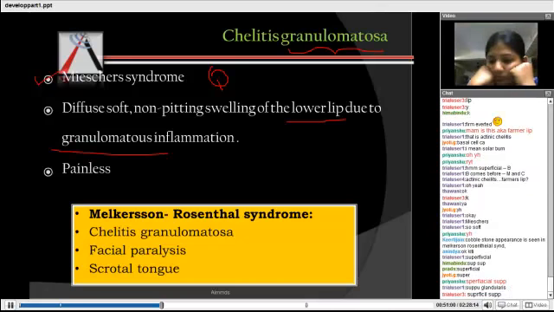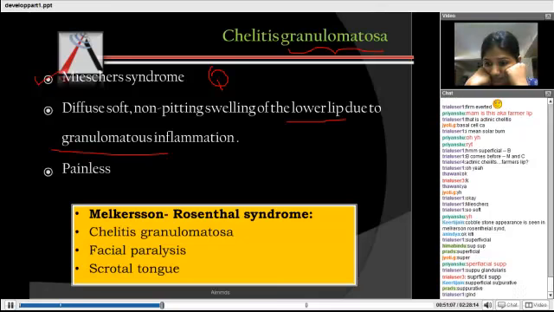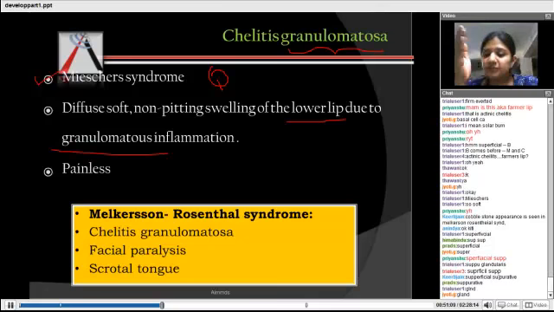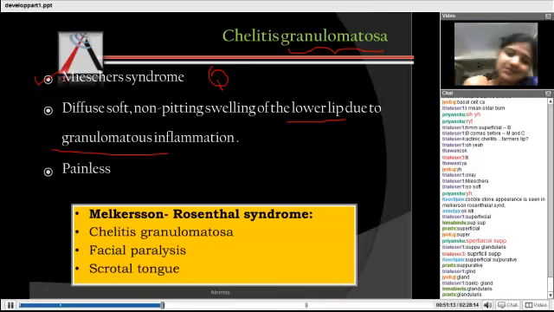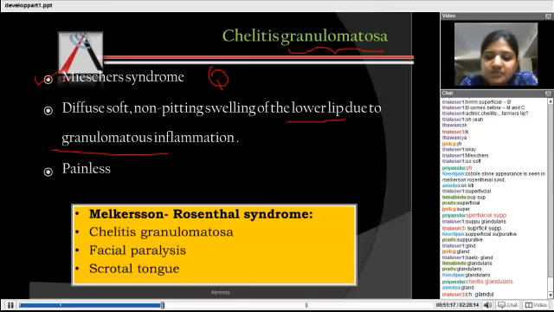Superficial what? Superficial suppurative cheilitis glandularis. Yes, that was Beale's disease. Here we have Miescher's syndrome, which is cheilitis granulomatosa.